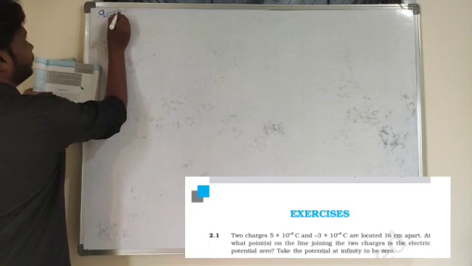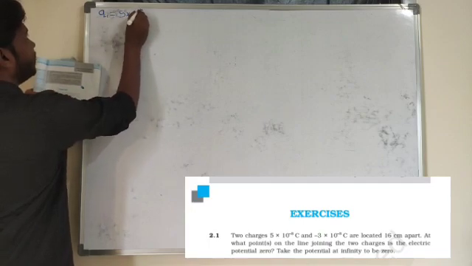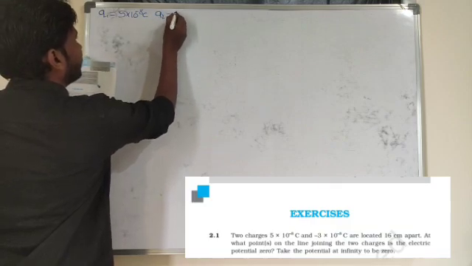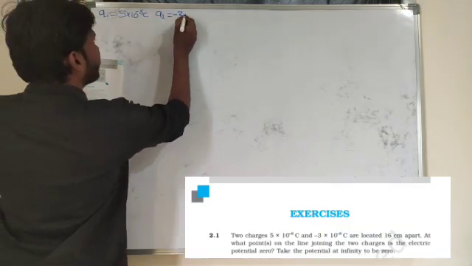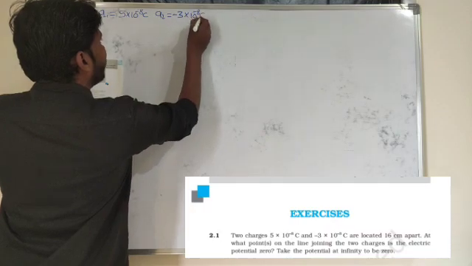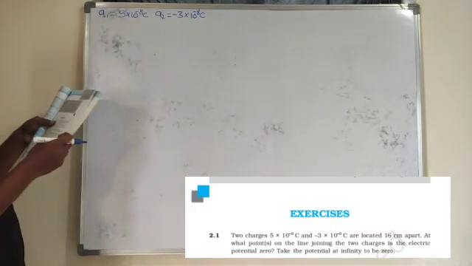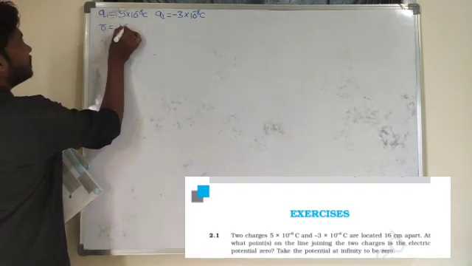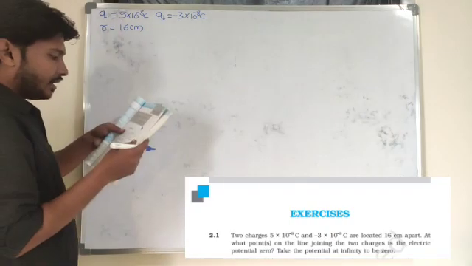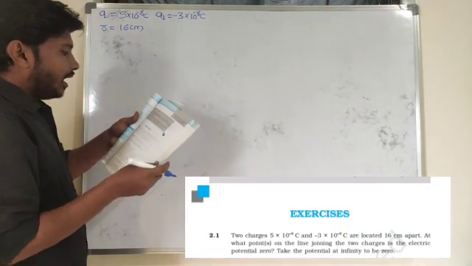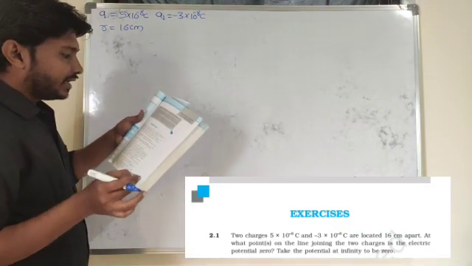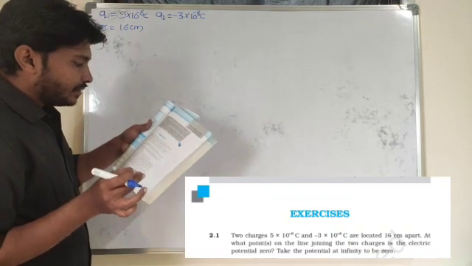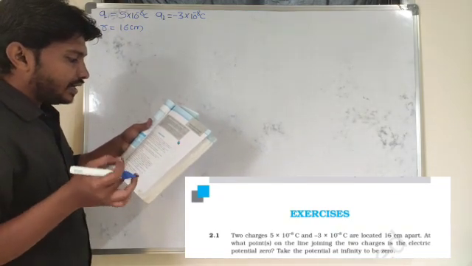Q1 is 5 into 10 to the power of minus 8 coulomb and Q2 is minus 3 into 10 to the power of minus 8 coulomb, located 16 centimeter apart. At what point on the line joining the two charges is the electric potential 0? Take the potential at infinity to be 0.